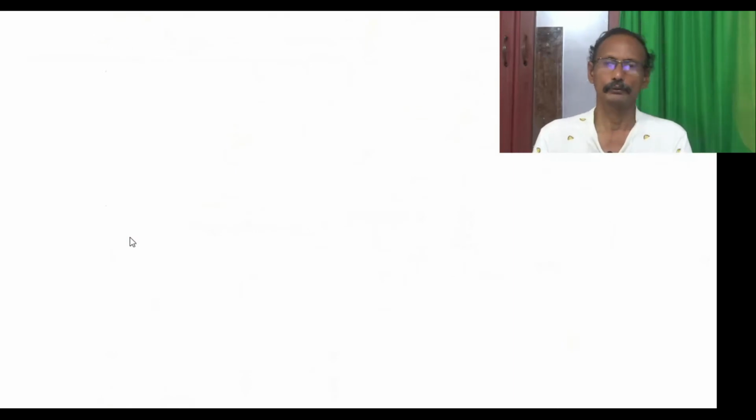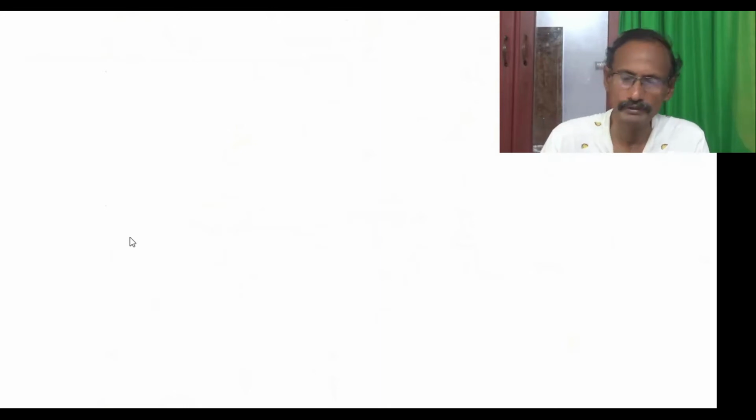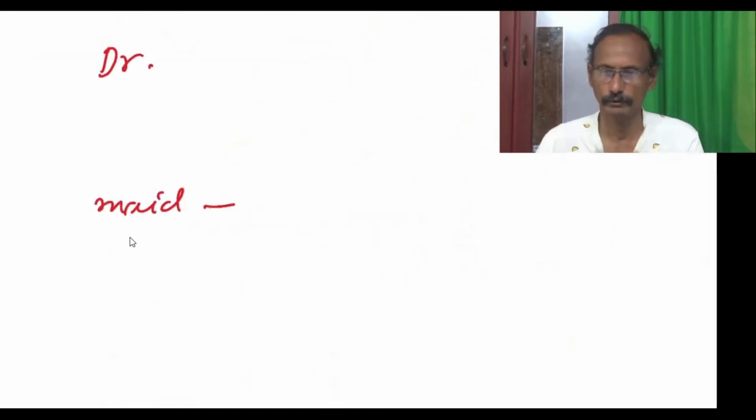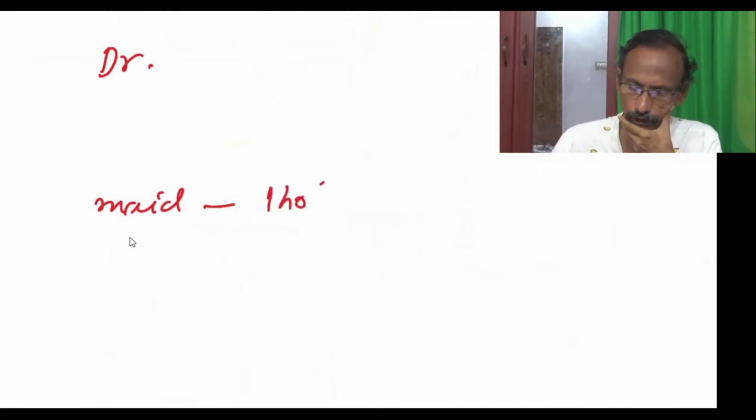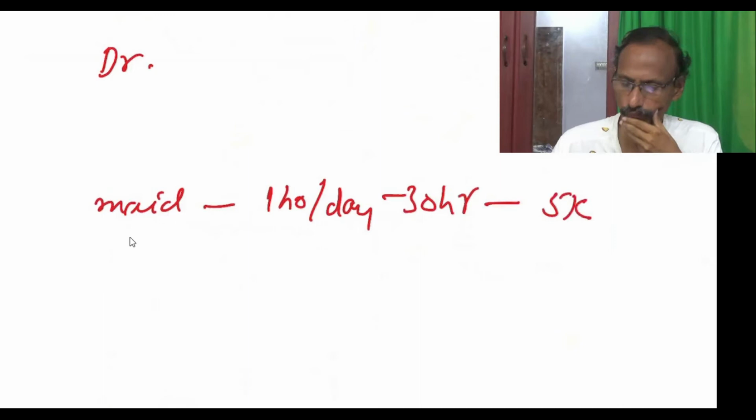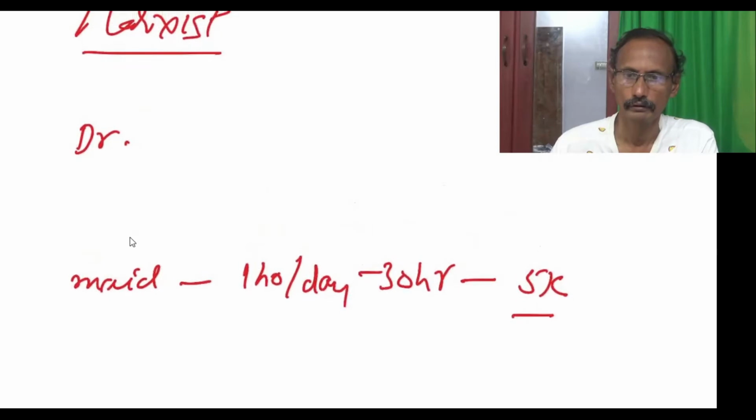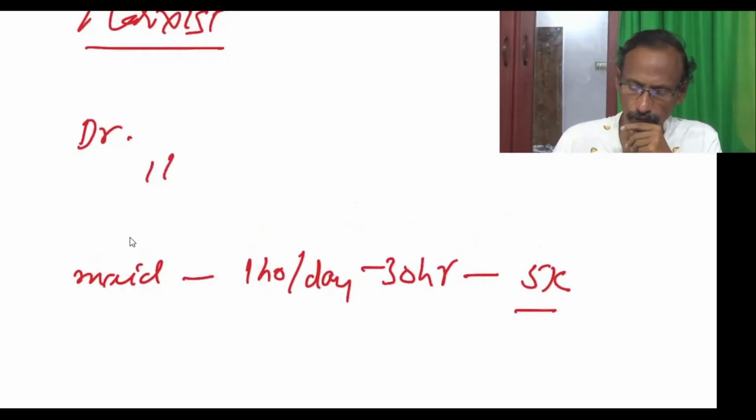I want to continue with the previous example, which shows economic interaction between individuals, doctor and maid. I gave an example of a maid working 1 hour per day, 30 hours per month, but getting 5K, whereas the doctor gets 10K for 1 hour of surgery.